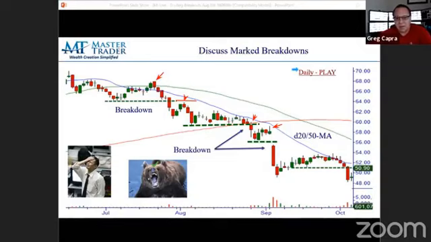Probably was thinking, uh-oh, this one's not going to work. At the end of the bar it becomes a topping tail, and now I've got a little mini breakout failure. And when I see that, I figure I've got this one locked.